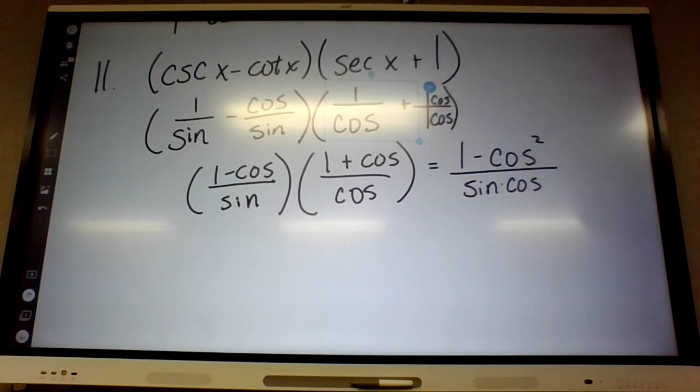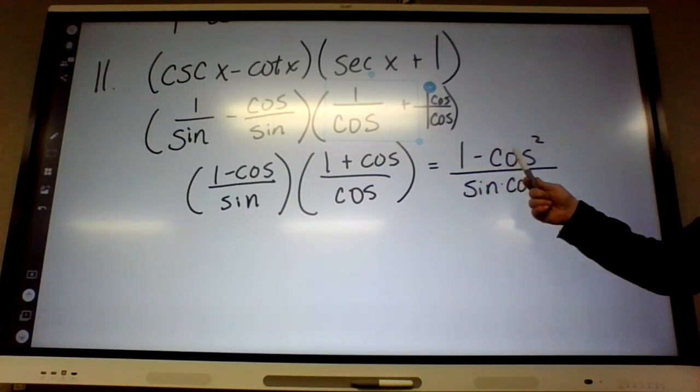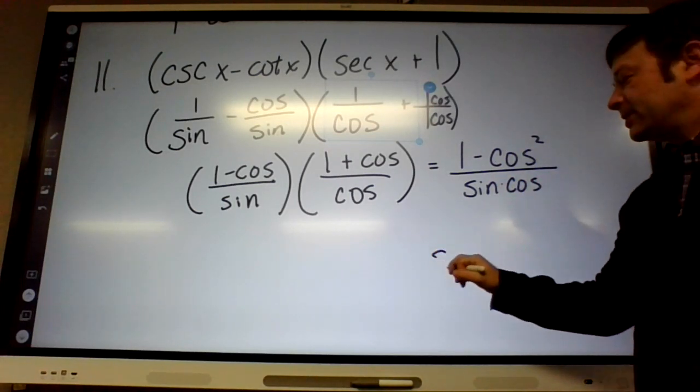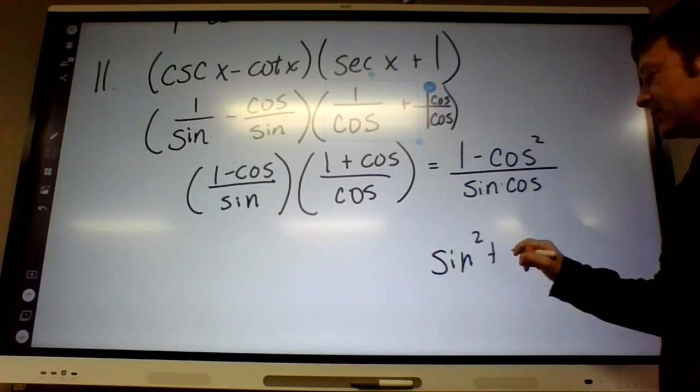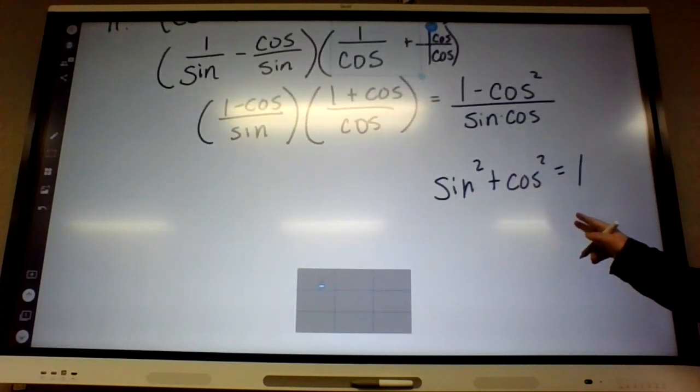Okay, does any of this ring a little bell in your heads yet? 1 minus cosine squared is sine squared. So, okay, let's go back and review this again. This is one of the things we used a lot yesterday. Sine squared plus cosine squared equals 1.